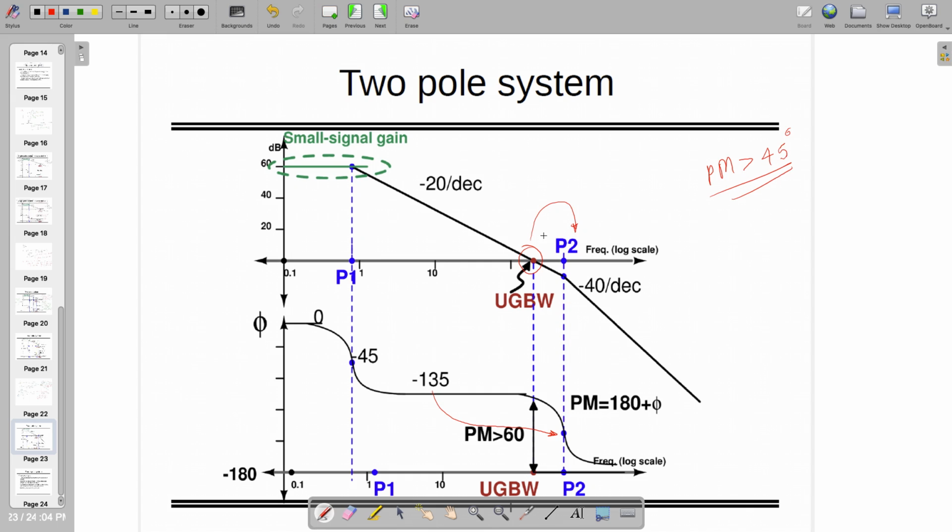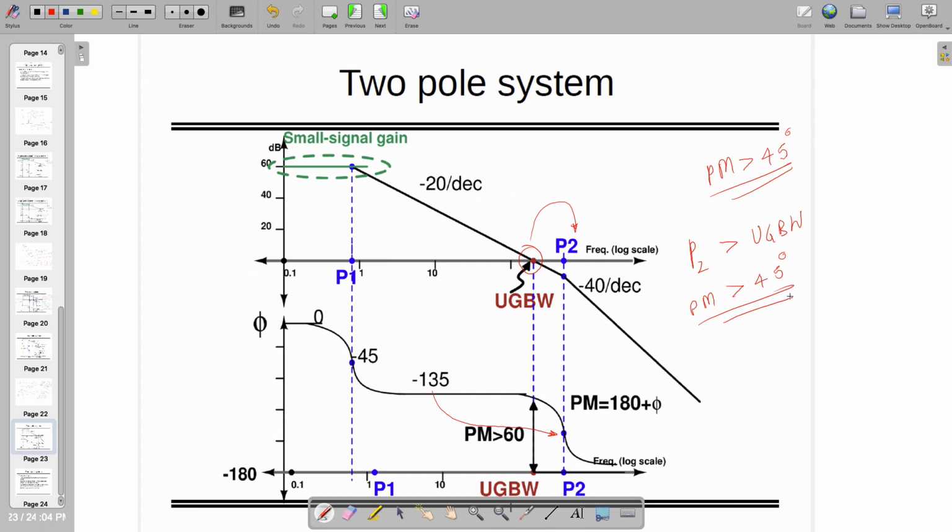So as you are taking this P2 higher than UGBW, your phase margin is improving, becoming greater than 45 degree. If you want to have 60 degree, take it accordingly, a little bit higher than what you required.